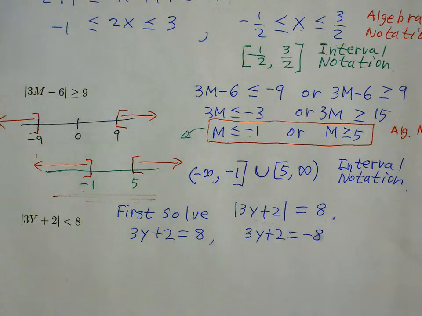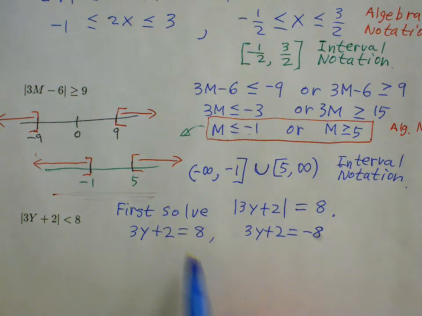Right? If the absolute value of a number is 8, then that number could be 8, or that number could be negative 8. Okay, then we'll solve each of those equations. If 3y plus 2 is 8, subtract 2, 3y is equal to 6, and then divide by 3, y is equal to 2.